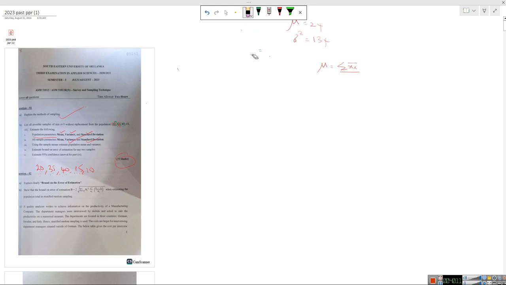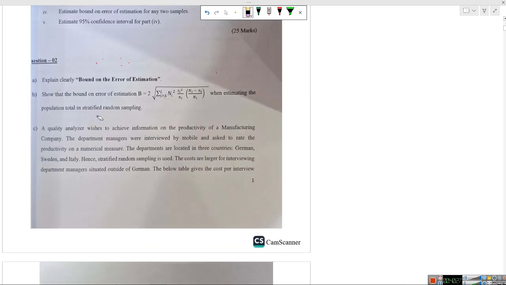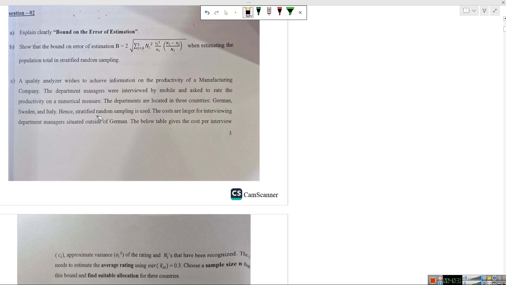I will now explain step by step how you can write the answer for the second one. Okay. Let me erase all these. Now if you go to the second question, we have to explain the term clearly, which is bound on the error of estimation.